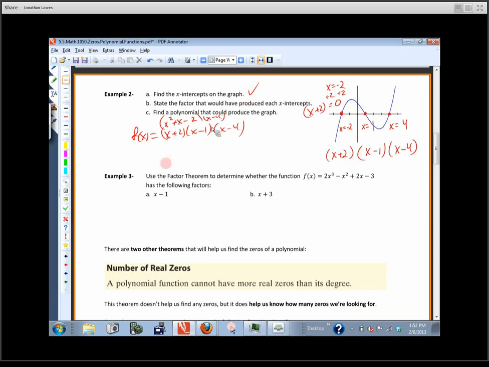Then I'm going to multiply it by x minus 4. If I do that, I'm going to get x to the third plus x squared minus 2x. That's what I get when I multiply the x through. Then I'm going to multiply everything by -4. So that's going to be -4x squared minus 4x and then plus 8.